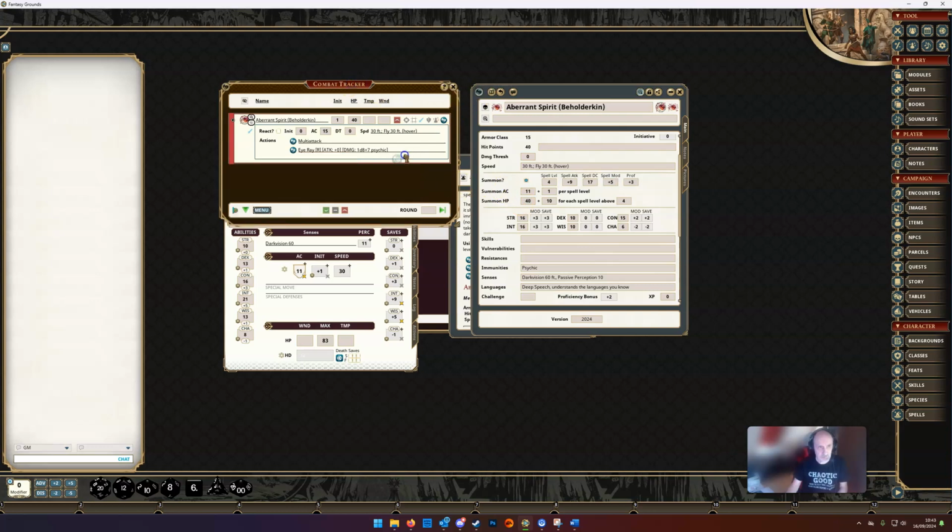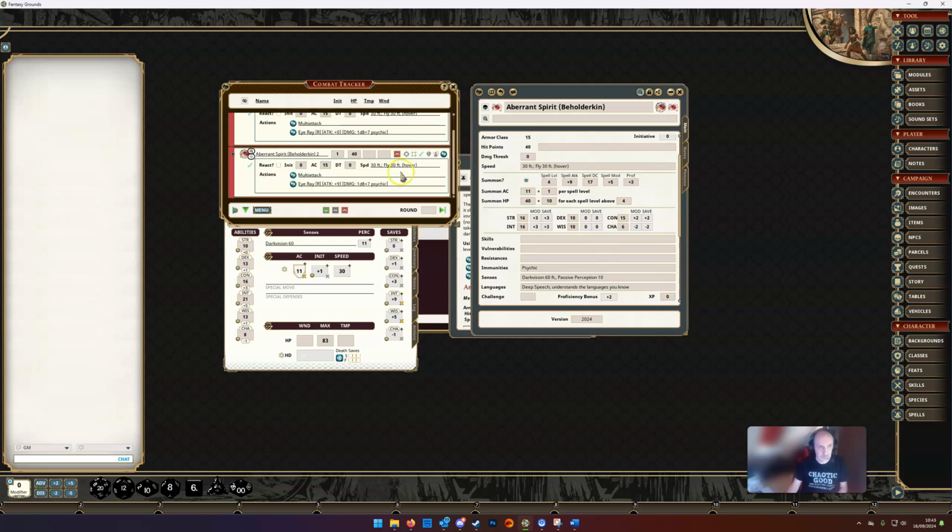And if we now drag the aberrant spirit into the combat tracker, we can see that we've got the correct attack modifier now, and the damage, of course, was still the same because we're casting it at level 4. So if Bob was upcasting this spell and casting it at, let's say, level 6, when we now drag this in here, we will see that the damage has gone up by another couple of points.